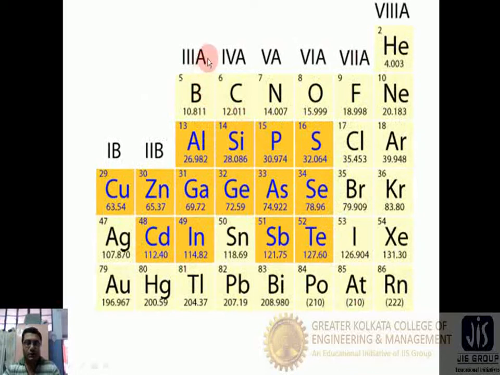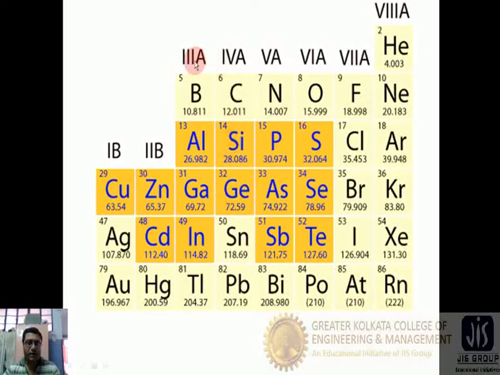So in this periodic table, we can see silicon and germanium are the pure or intrinsic semiconductors. They are group 4 elements, to which we add group 3 or group 5 elements to make p-type or n-type semiconductors. These are the impurities added to the group 4 element, the pure semiconductor, and we can create p-type or n-type semiconductor.